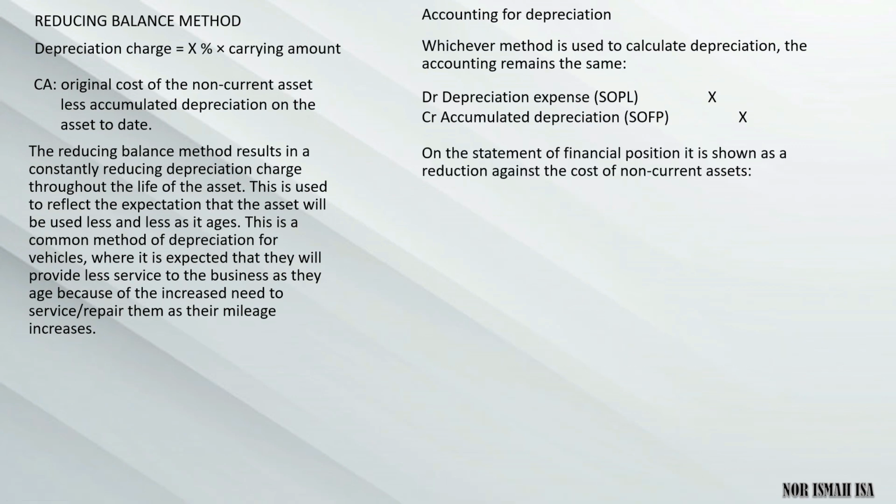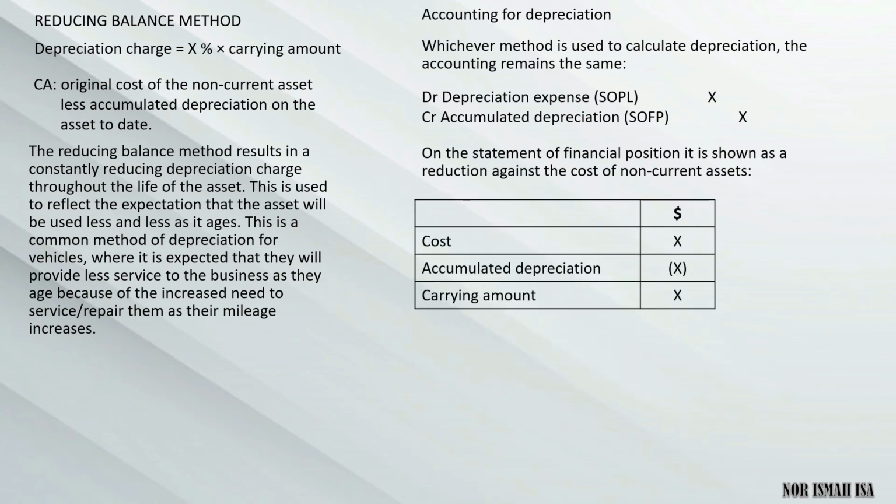In the statement of financial position, it shows a reduction in the cost of non-current assets. We reduce the non-current asset by deducting the accumulated depreciation. This is the presentation of the non-current asset. So the cost will be deducted by the accumulated depreciation, and we have the carrying amount.